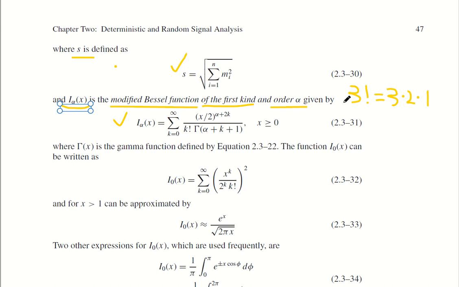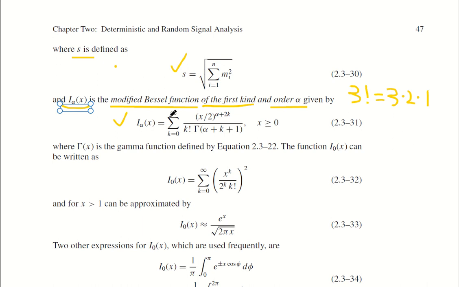So k factorial is k multiplied by k minus 1 multiplied by k minus 2, and so on and so forth. In the summation, k is going from 0 to infinity, so it's a series with an infinite number of terms.